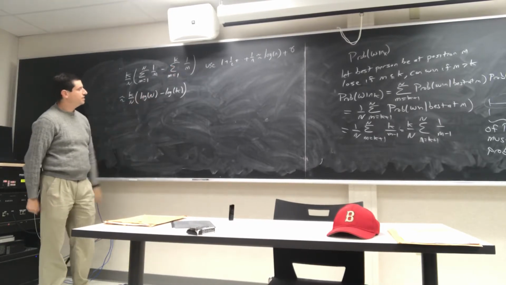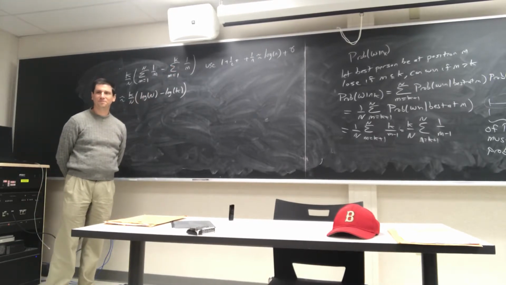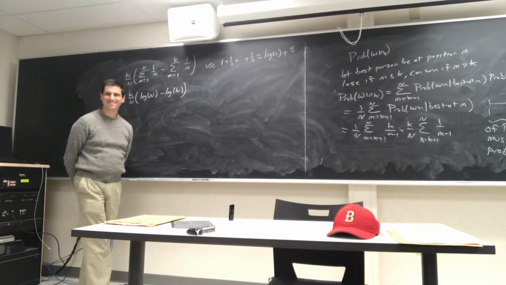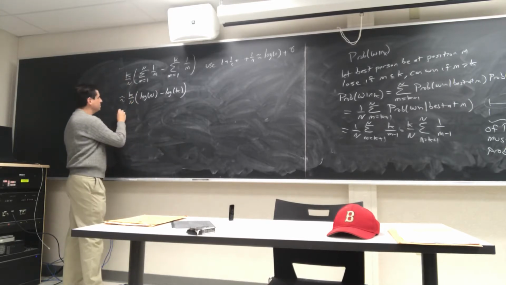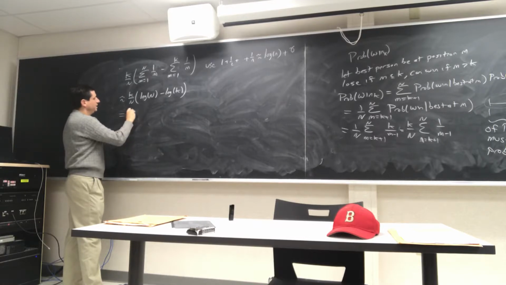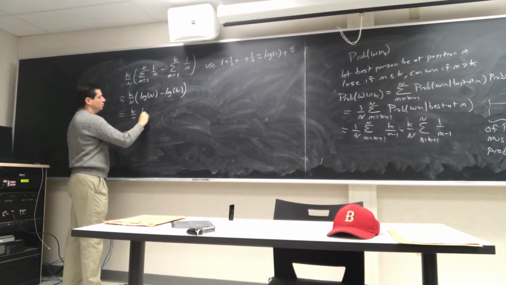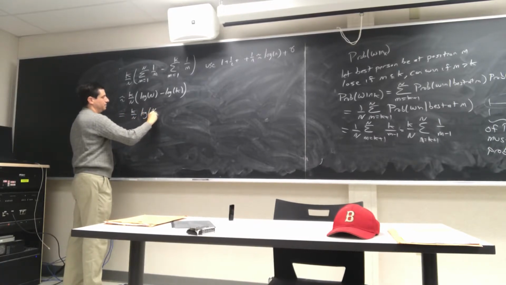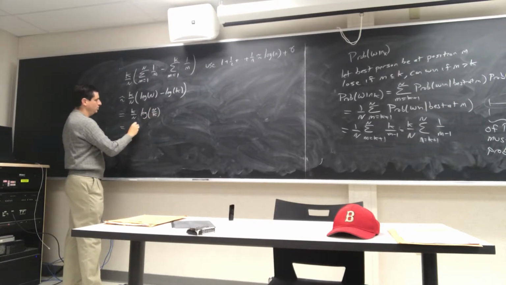All right, what's the log of n minus the log of k? N over k. The log of n over k. So this is equal to k over n times the log of n over k, or this is equal to the log of n over k divided by n over k.